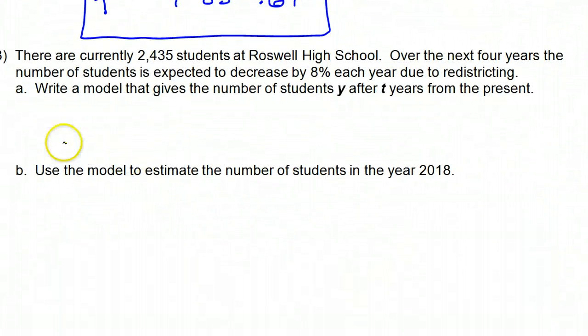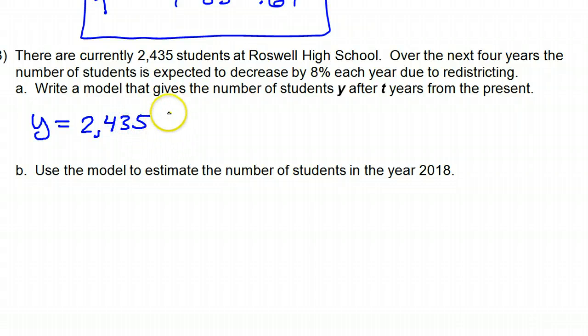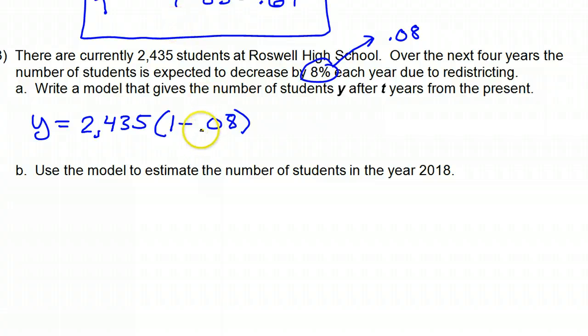So our model will be Y equals, our initial amount is 2,435 students. We will do 1 minus the rate. I'm looking at 8%, which translates into 0.08.